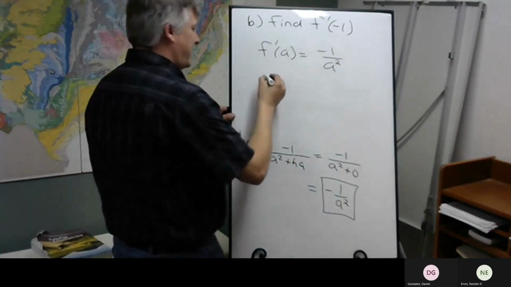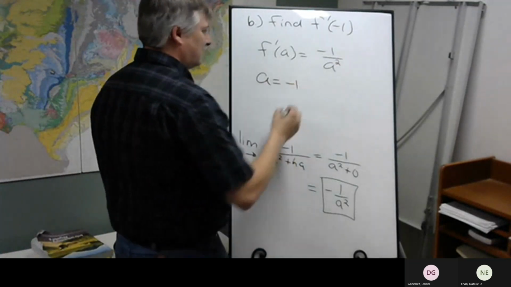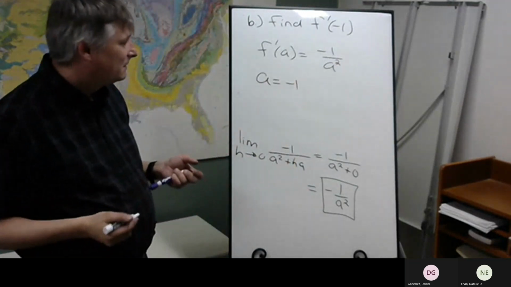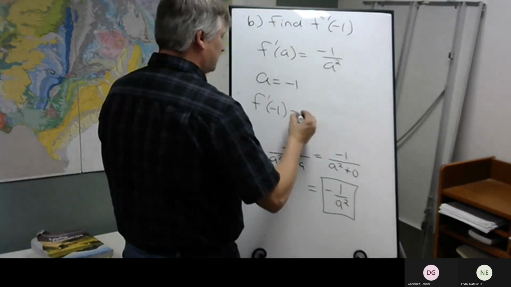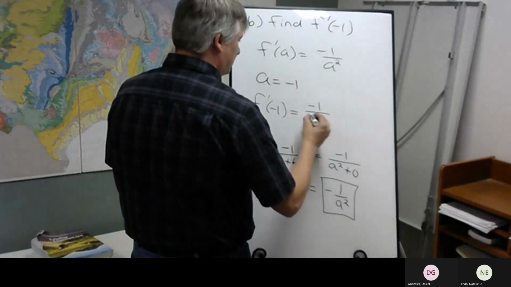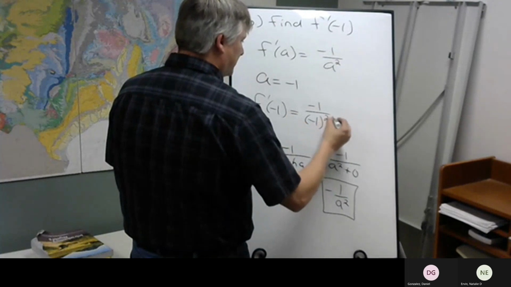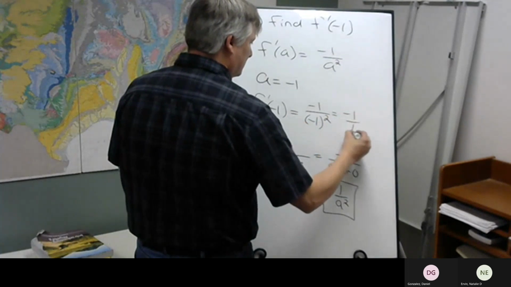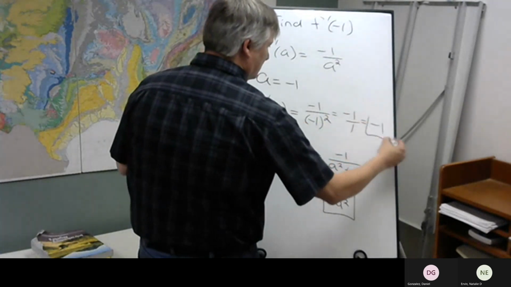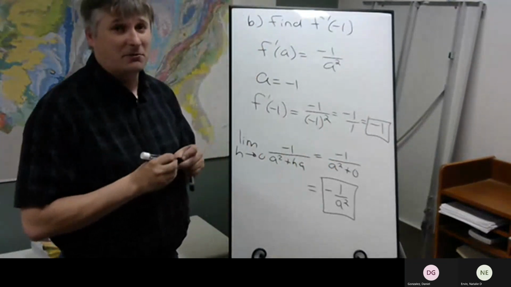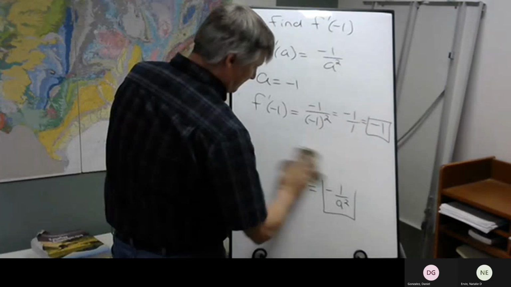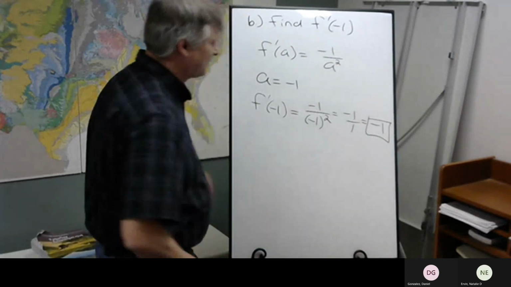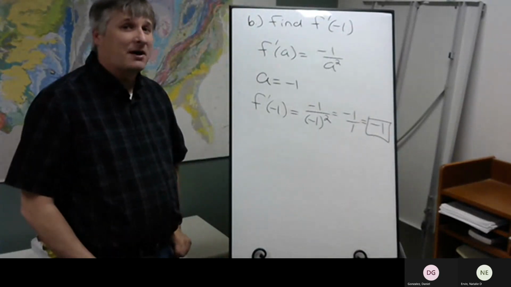So in this case, we're just going to let a be negative 1. And so f prime of negative 1 will be negative 1 over negative 1 squared. And that's going to be negative 1. So questions about that?